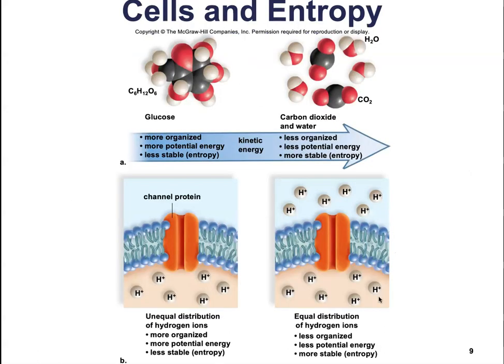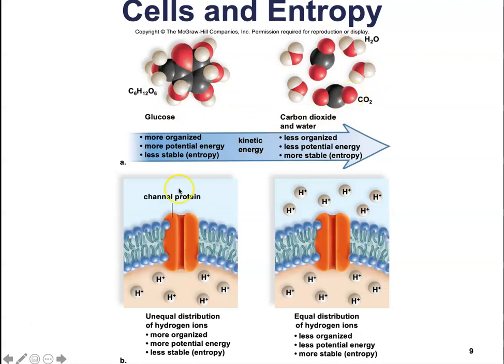All right. So for our purposes, we want to think about this with respect to cells. Here we're going to look at two examples. This is showing you a glucose molecule that's intact, C6H12O6. I hope just by looking at this versus looking at this, we would agree that this glucose molecule is more organized than this when it's broken down.